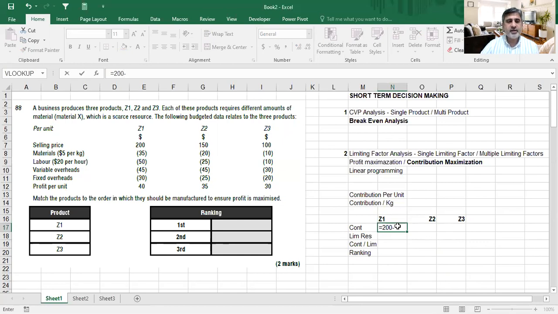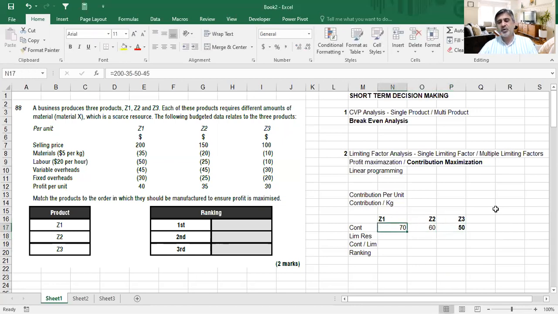So 200 minus material cost 35, minus labor 50, minus variable overheads 45, and fixed overhead I don't need. So my contribution is 70 here. For Z2, selling price 150 minus material 20, minus labor 25, minus variable overhead 45. And for Z3, it should be 100 minus 10 material, 10 labor, and 30 variable.